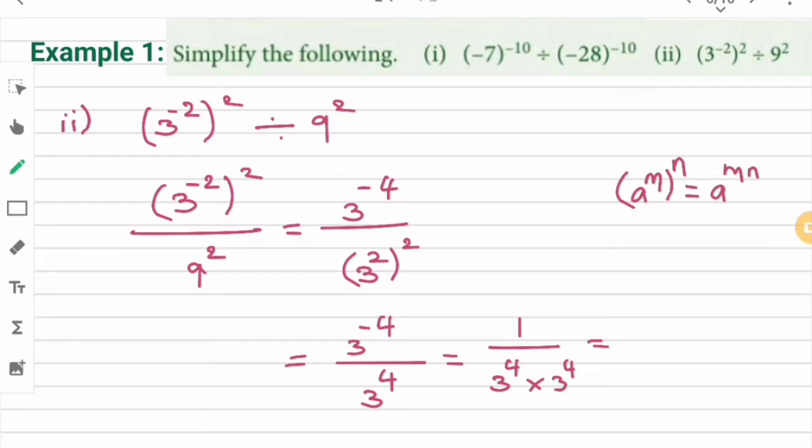So the powers we can add based on the law a power m into a power n is equal to a power m plus n. In that way, I am going to write it as 1 by 3 power 8. Or you can write it as 3 power minus 8. Both these answers are correct.